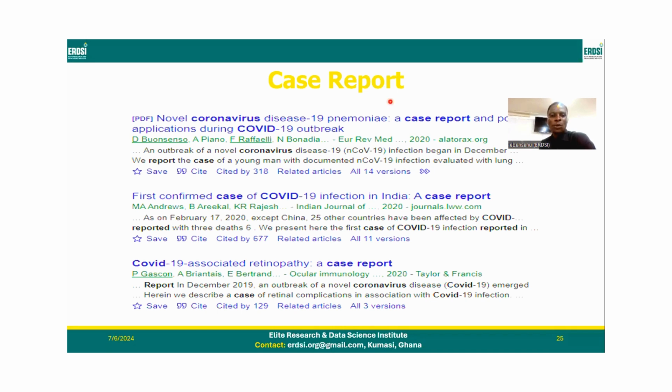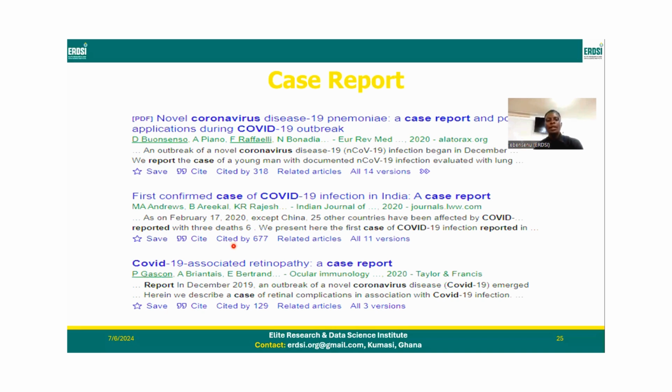So in a case report, we are interested in one person presenting with a single unexpected feature. A typical example is the first confirmed case of COVID-19 infection in India. That is a case report, so we have to do a case report on it.